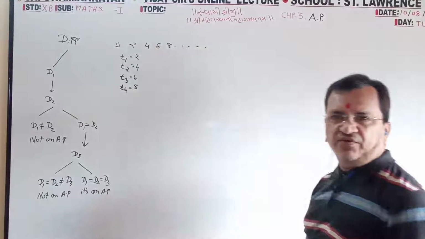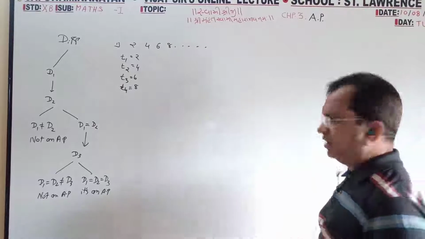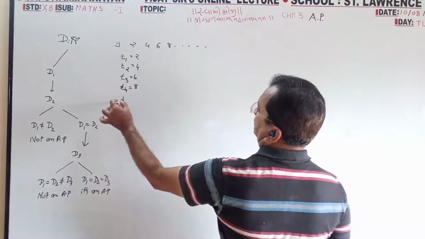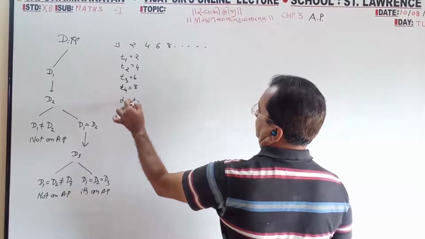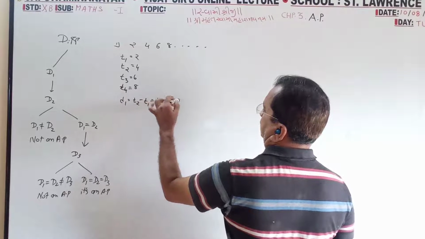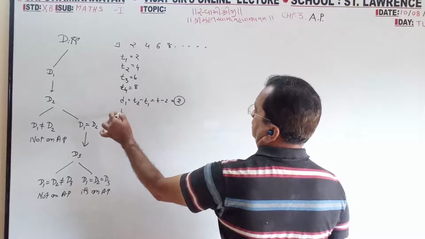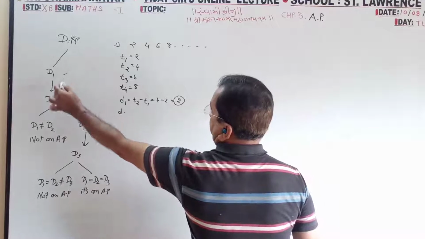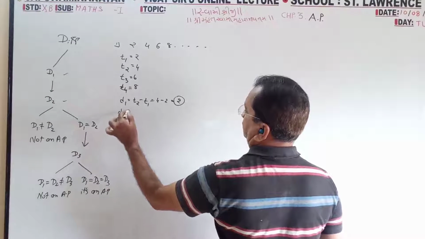Write 1, 2, 3, 4. This is how to write. First I will find D1. It is T2 minus T1, 4 minus 2, it is 2.